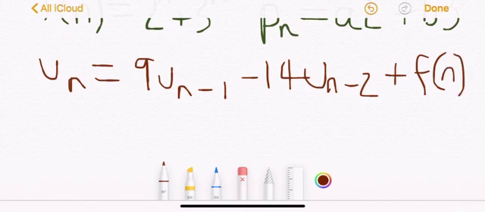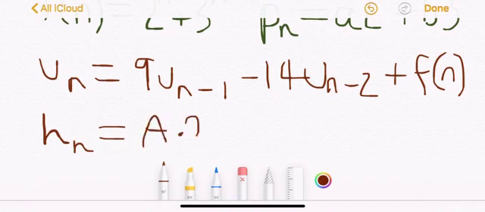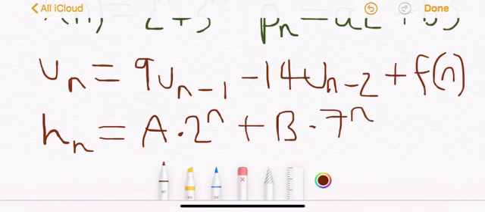And I'm going to tell you that the homogeneous relation here, h_n, has solution a times 2^n plus b times 7^n. Let's again consider some possible functions f of n.